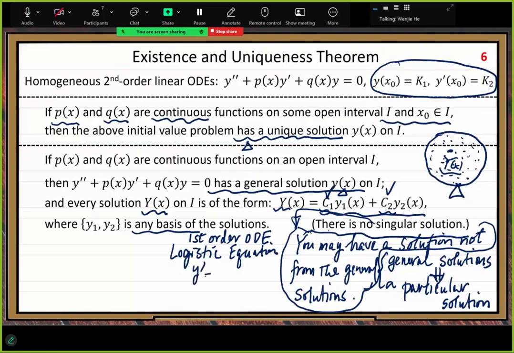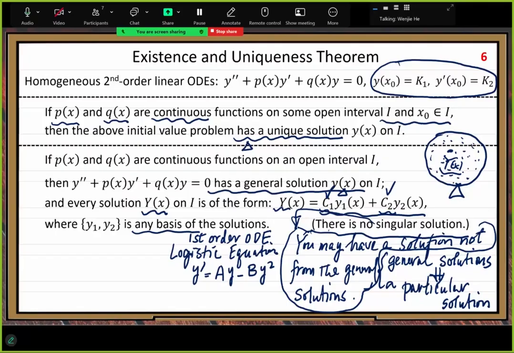So what's that logistic equation? y prime equals capital A times y times 1 minus capital B y squared. This is the logistic equation. And we can find a solution easily.